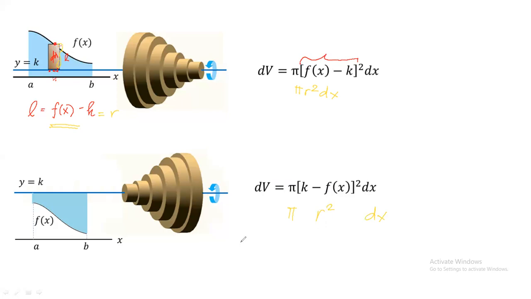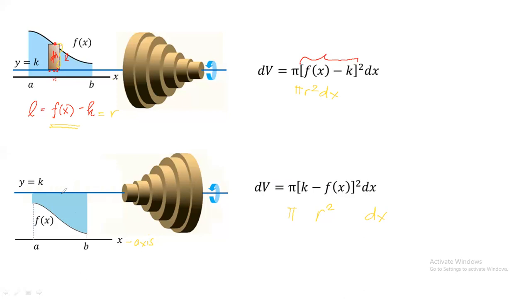Why is this so? Remember, your y equal to k this time is still above the x-axis. Okay, this is your x-axis, and your y equal to k line is above the x-axis.